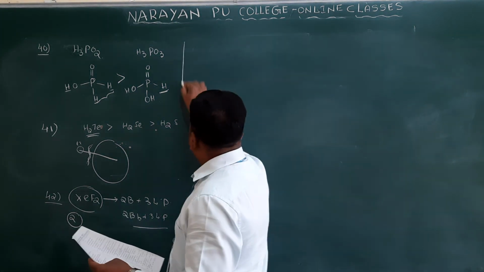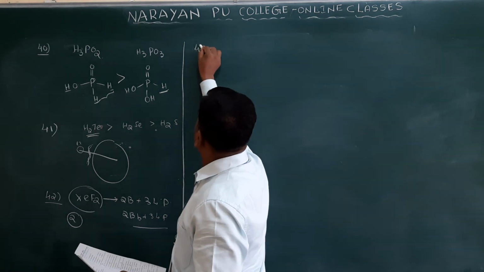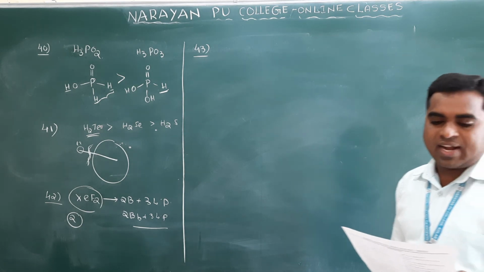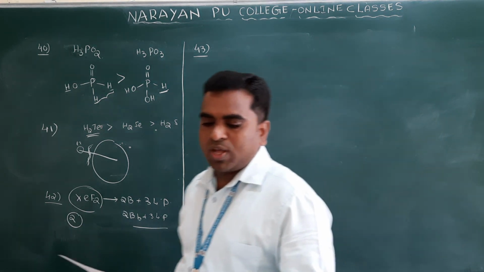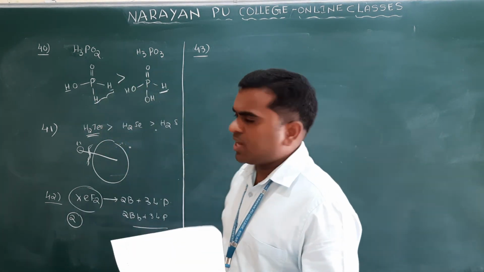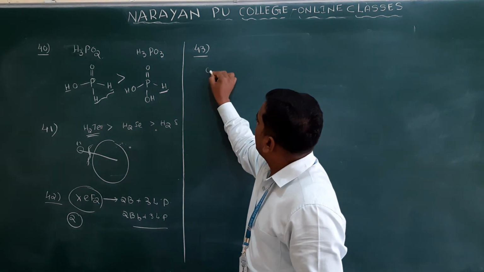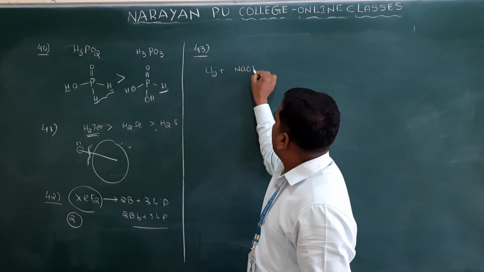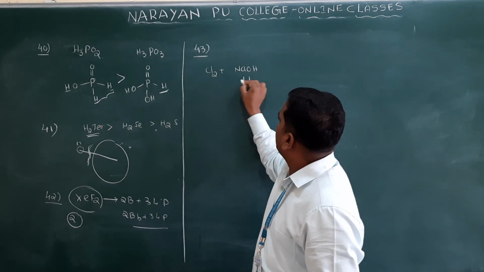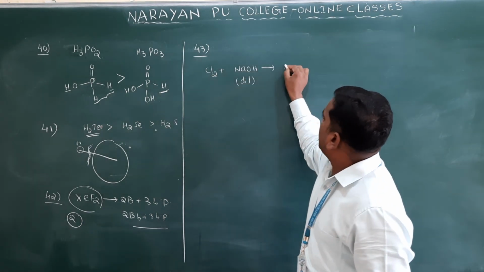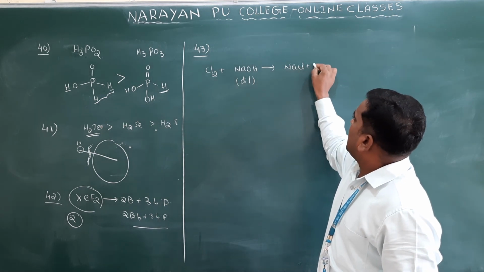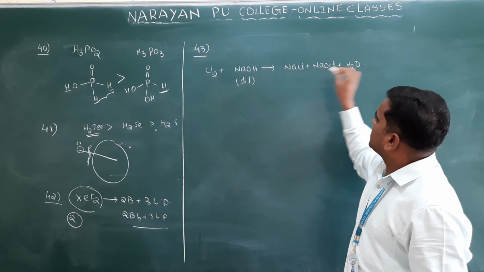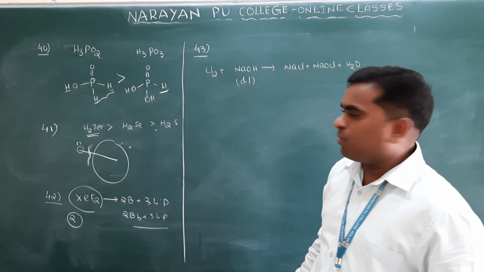Next one, 43. When chlorine reacts with hot concentrated sodium hydroxide, what is the oxidation number of chlorine? Whenever chlorine reacts with dilute or cold NaOH, we get NaCl plus NaOCl plus H2O.